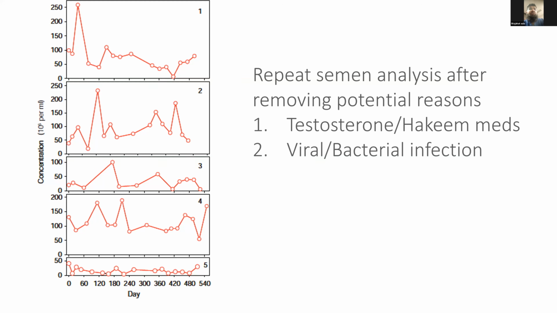Because many patients do not consider that as so-called medication. If you ask them what medications they are taking, they would skip those. And there is a lot of data available, especially in the COVID era, that COVID and other viral infections do cause temporarily some oligospermia, if not essentially azoospermia.